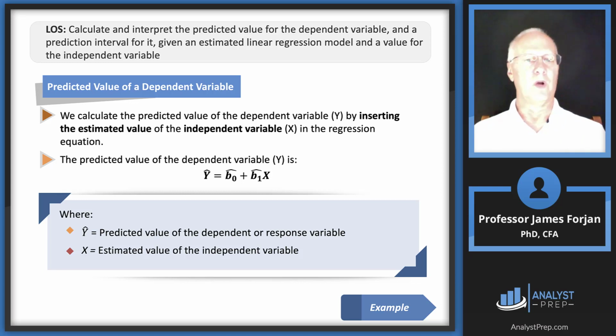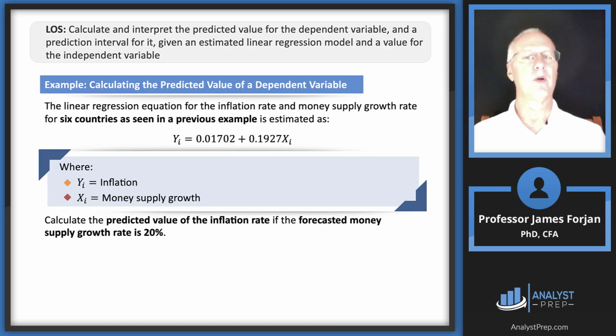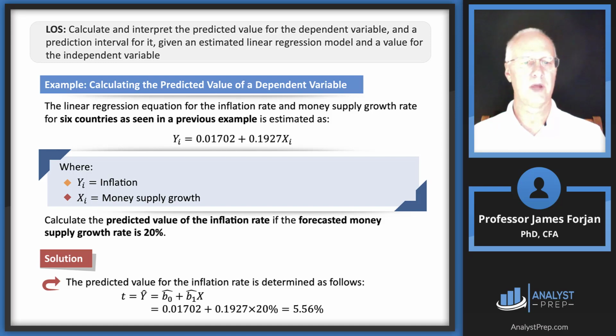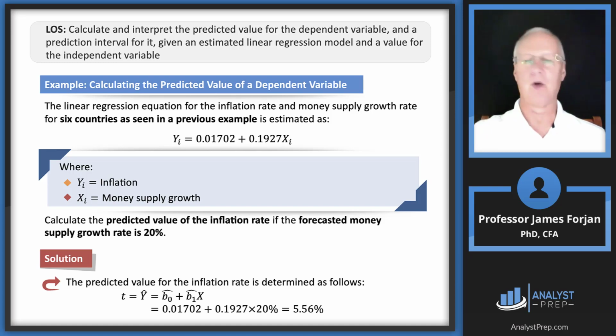All right, let's predict one. And so what we're going to do is use our estimated coefficients to go ahead and predict a dependent variable. So let's go back to our example. So there's our regression equation with inflation and money supply. 1.702 and 1.927 is the slope. And so if the forecasted money supply growth rate is 20%, all we're going to do is take that value and throw it into the model.